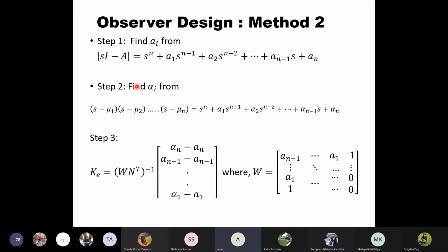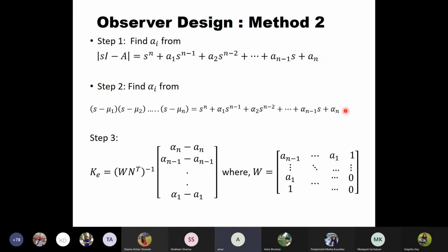The next step is to find the alpha i. Alpha i will come from the desired location of the poles. So this will be S minus mu1, S minus mu2, up to S minus mu n, which after multiplying all the terms I can write as S to the power n plus alpha 1 S to the power n minus 1, plus alpha 2 S to the power n minus 2, and so on, plus alpha n.